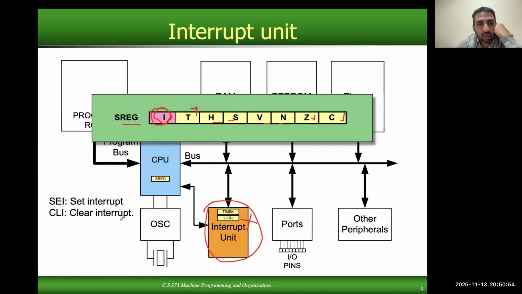So how can you set this flag equal to 0 or 1? To set it to 1, you can say, okay, set interrupt. You can execute the instruction SEI, which will write a value of 1 in this bit of the status register. And when you execute the instruction clear interrupt, it will write a value of 0 in this bit of the status register. So if you write 0, all the interrupts in the system will be disabled.